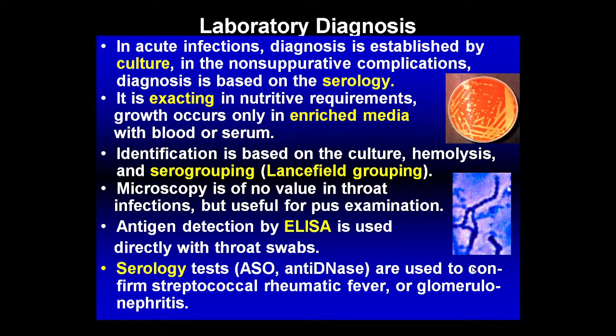Microscopy is not of high diagnostic value, for example in throat infection, because streptococci normally occur in the oral cavity. Some ELISA tests can be used to detect particular antigens in throat swabs, and a rapid serological test can demonstrate antibodies against streptolysin O, ASO antibodies.